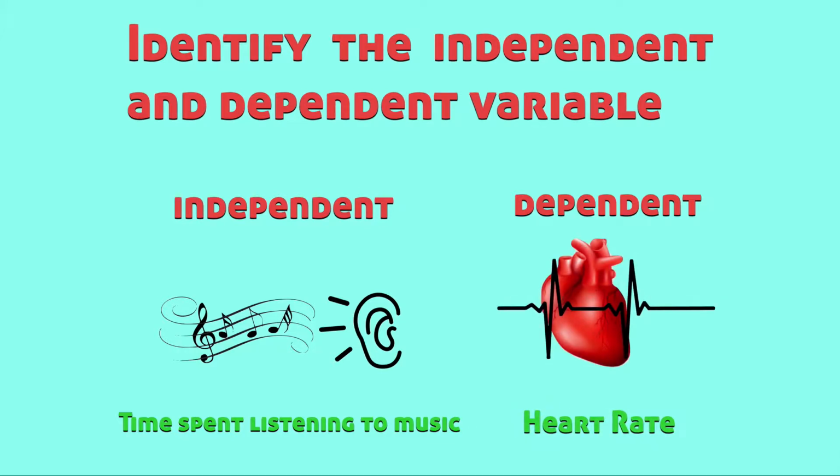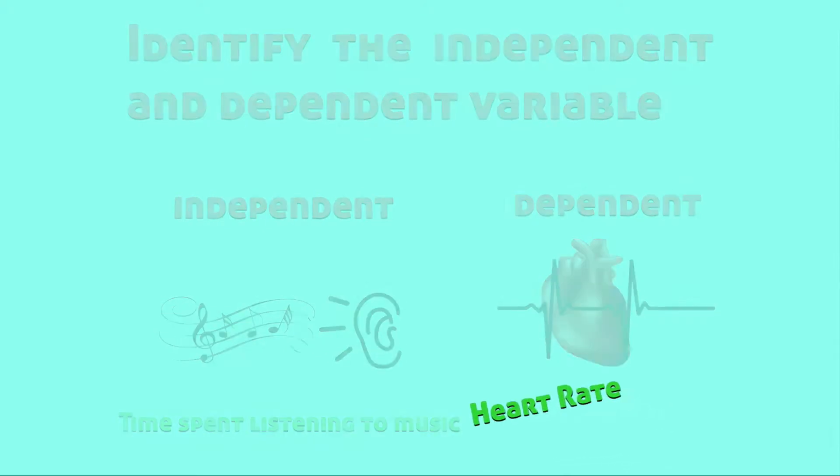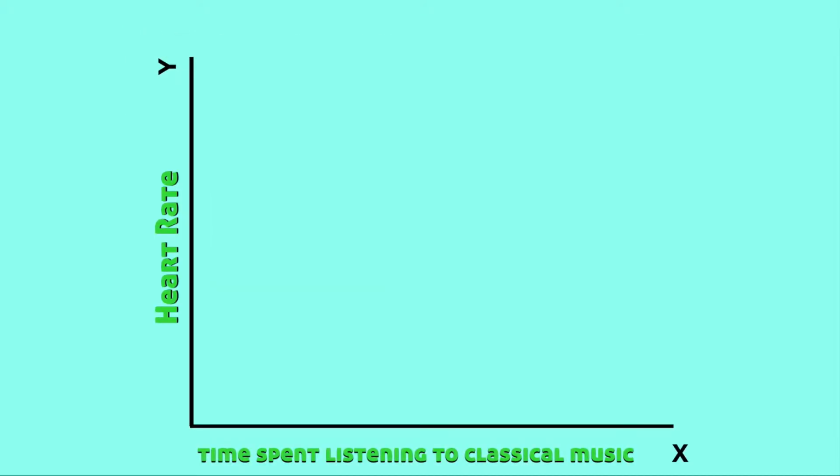So the selection, the independent variable, the manipulated one, is how many hours you listen to relaxing music, and that should cause a change in your heart rate. So the heart rate is your dependent variable. And on a set of axes, it would look like this. So that's really how we're going to use those two variables, and we'll use them a lot.